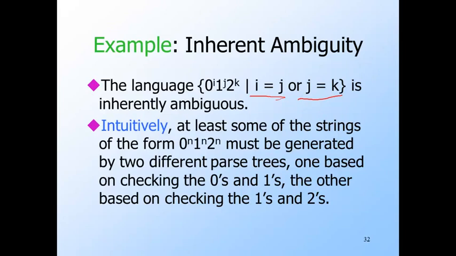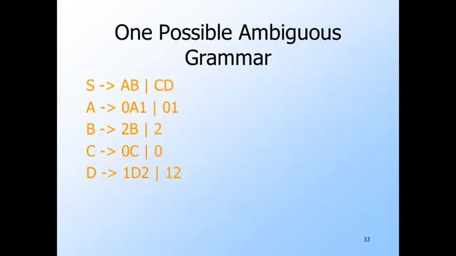The second derivation or parse tree makes sure the numbers of ones and twos are the same, but it may accidentally generate the same number of zeros as well. Here's an example grammar. It is ambiguous, but that doesn't prove the language is inherently ambiguous. As I said, we're not going to give that proof. It's very complicated. However, you might wish to play around with grammars for the same language and see how you are forced to do something like this grammar in order to generate exactly the language we want.